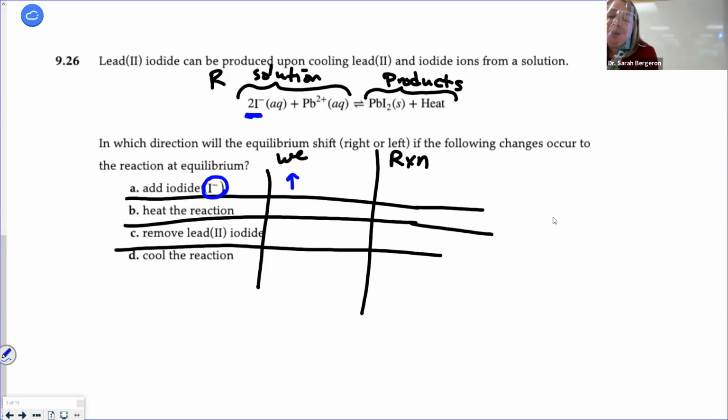So if we increase a reactant, what's going to end up happening is that that's going to shift the whole reaction to do the opposite. So whatever we do, the reaction is going to accommodate that push by doing the opposite. So if we increase reactants, what is the reaction going to do? Decrease reactants, right?